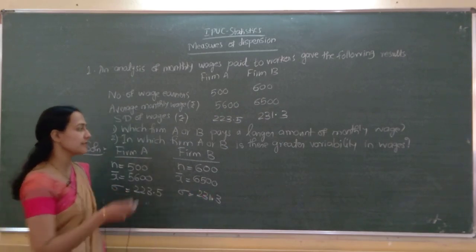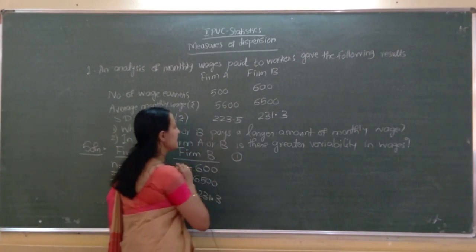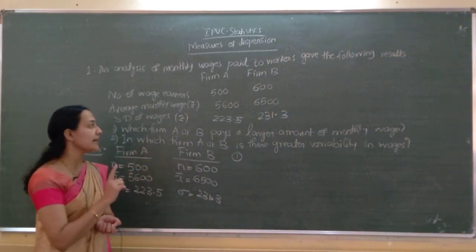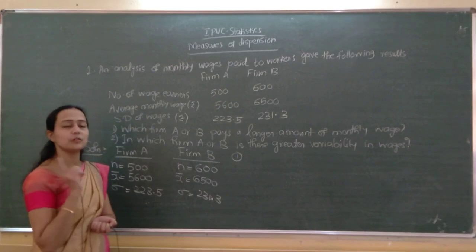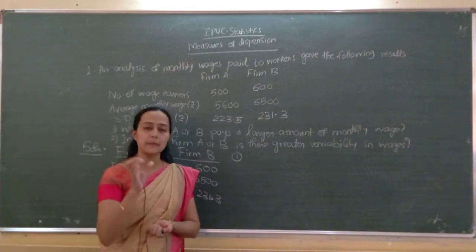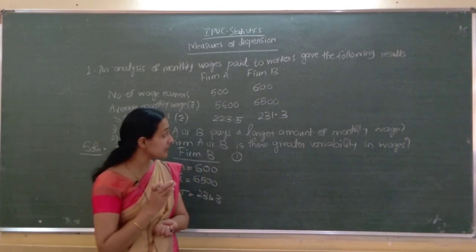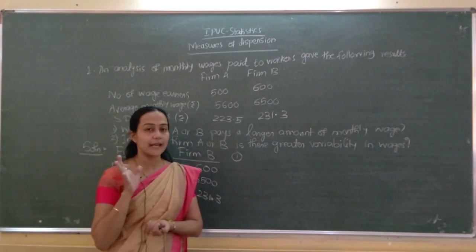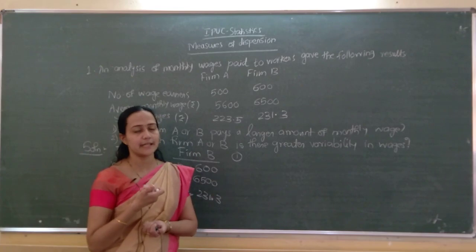Okay, then go to the first question. The first question is: which firm, A or B, pays a larger amount of monthly wage? Means we have to compute the total monthly wage, not the average. Average monthly wage is given, isn't it?